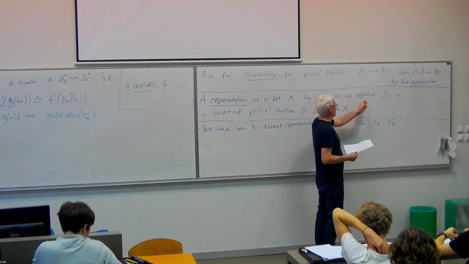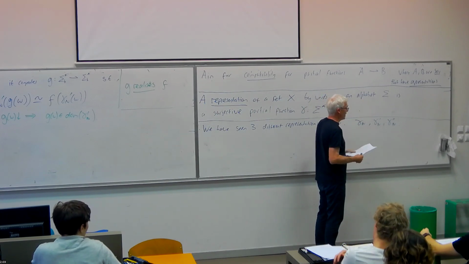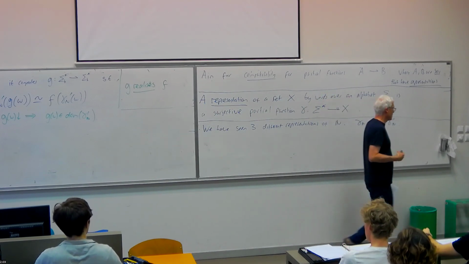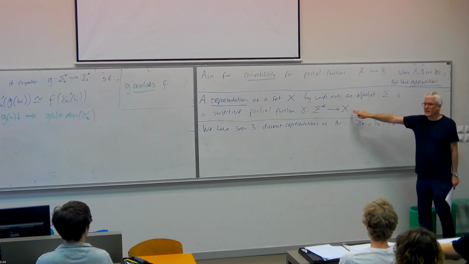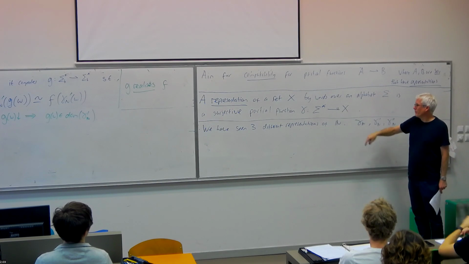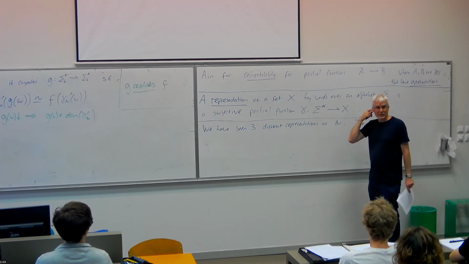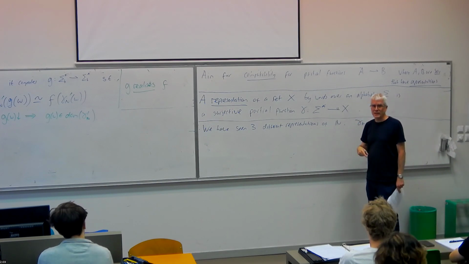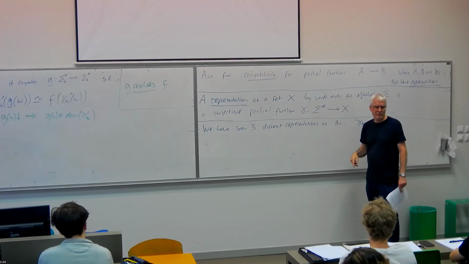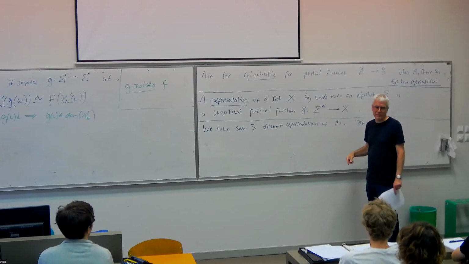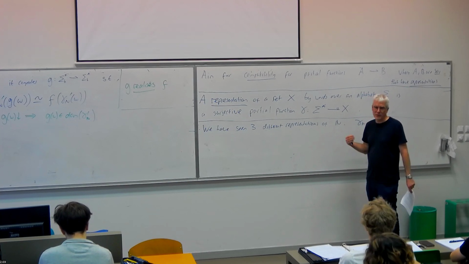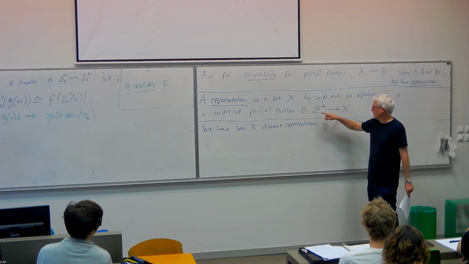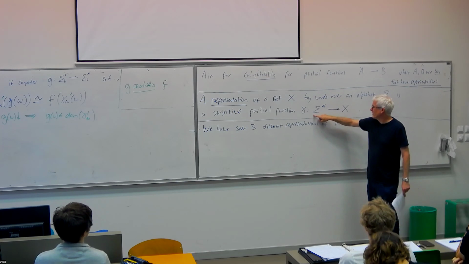But the notion of representation makes sense for any set X. However, because it's got to be surjective, as I said last week, it's not very important in this course to know about cardinality of sets. For those of you who did logic in the first year, and the other courses on sets, you will know about the notion of cardinality of a set.